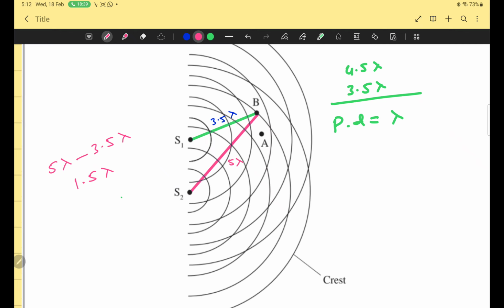And in the last class we studied that if the path difference is 0 lambda, 1 lambda, 2 lambda, 3 lambda, 4 lambda, then it is constructive interference. And if the path difference is 0.5 lambda or 1.5 lambda, there will be destructive interference. And if there is destructive interference, then no vibration is observed at point B because it is a water wave.